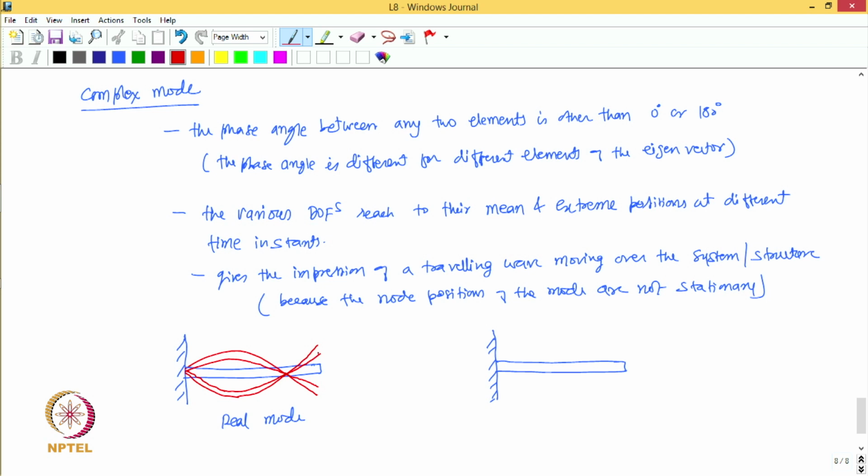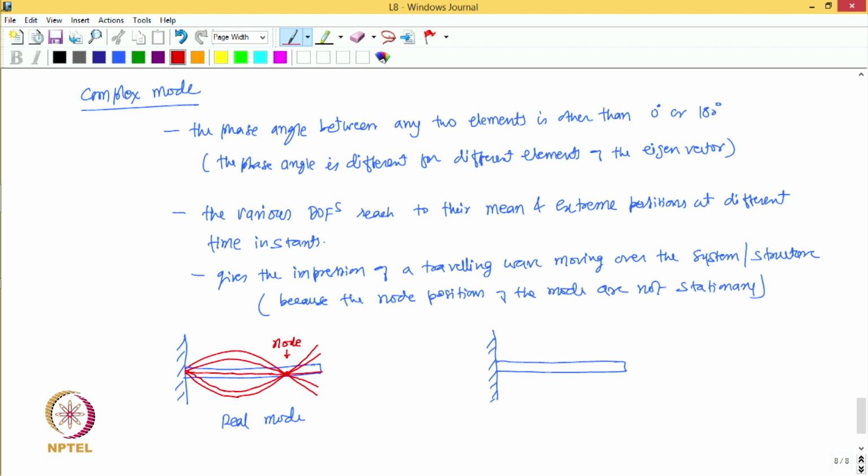Okay. So, what we see is that at the mean position and at other time instants the displacement at this point is 0, and this basically forms the node, right, of this particular mode, right.